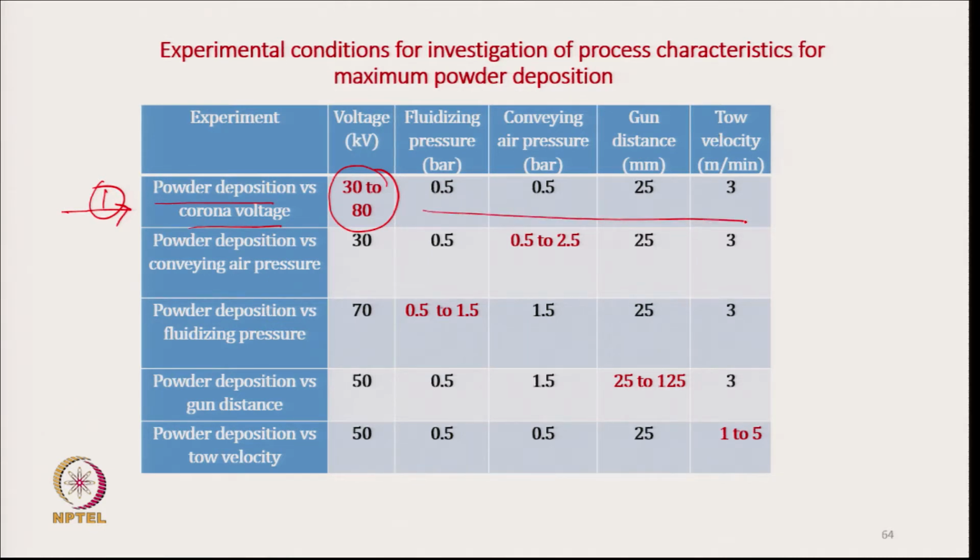Similarly, in the second experiment, powder deposition versus conveying air pressure. Conveying air pressure was changed from 0.5 to 2.5 bar, where the corona voltage was kept at 30 kilovolt and other parameters were kept constant.